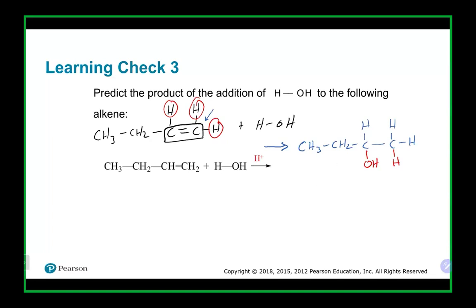So again, I'm just drawing out the double bond area so you can see where everybody ends up. But if you were going to turn it into a condensed, it would look something like this. And then you'll have your OH hanging off of there, basically. So it looks something like that. Other questions? So hydrogen to the carbon with the most hydrogens, other guy to the opposite.